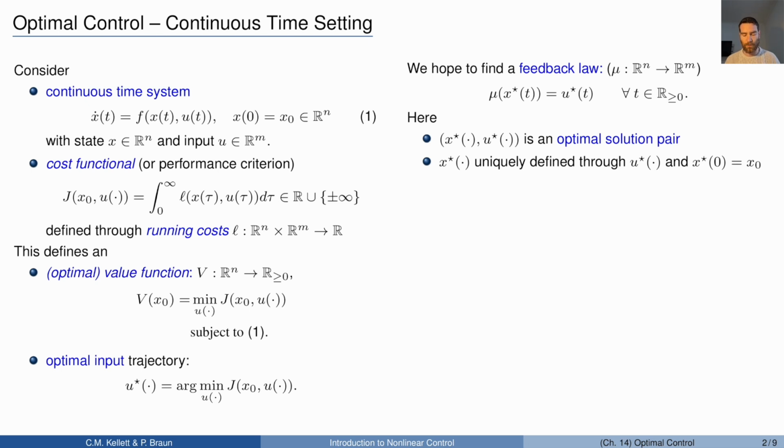And what we can also observe here is that under specific conditions, x star is uniquely defined through u star and the initial condition.